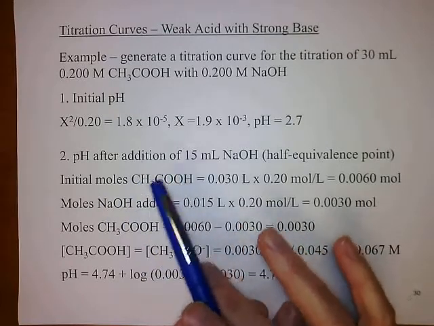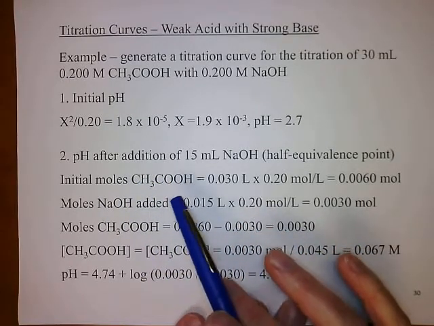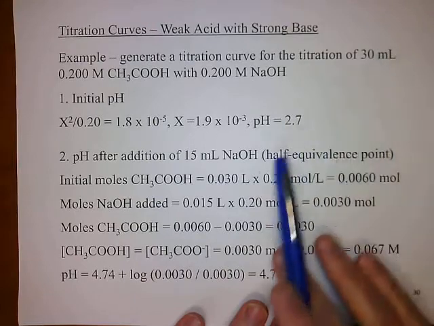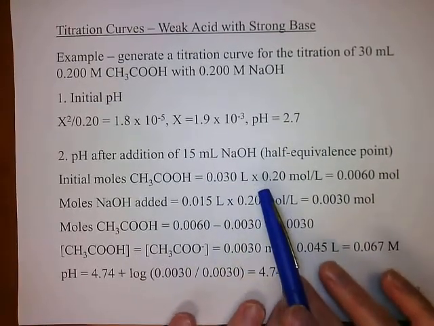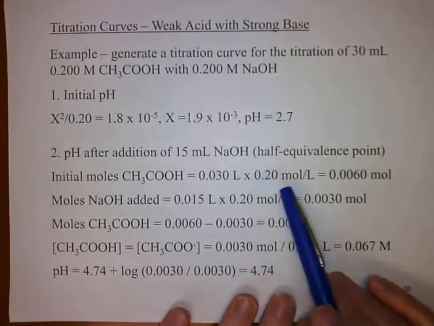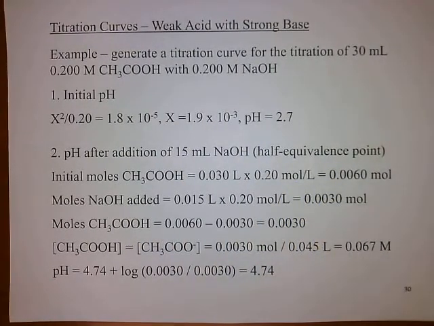Your initial moles of acetic acid will be 30 mL, which is 0.030 liters, times 0.2 mole per liter. That is 0.0060 moles. Okay.